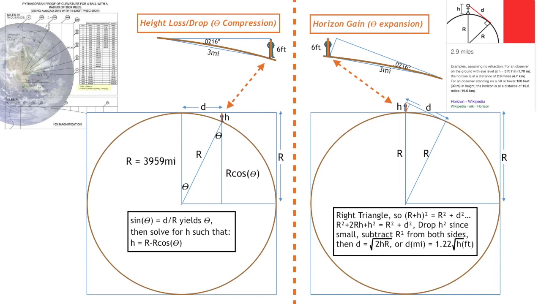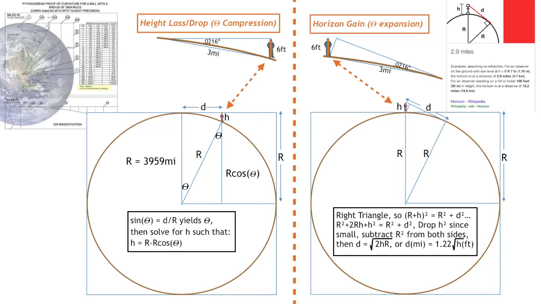So we can then extrapolate these 2 triangles to a greater circle again and calculate out for a circle what we would have as a height loss or drop, which is again just the theta compression, or the horizon gain using trigonometry, which is again the theta expansion. So for the circle here, with this particular rate to create a circle, you need sine theta is equal to, where theta is that arc angle there between the distance over which you're observing something drop.